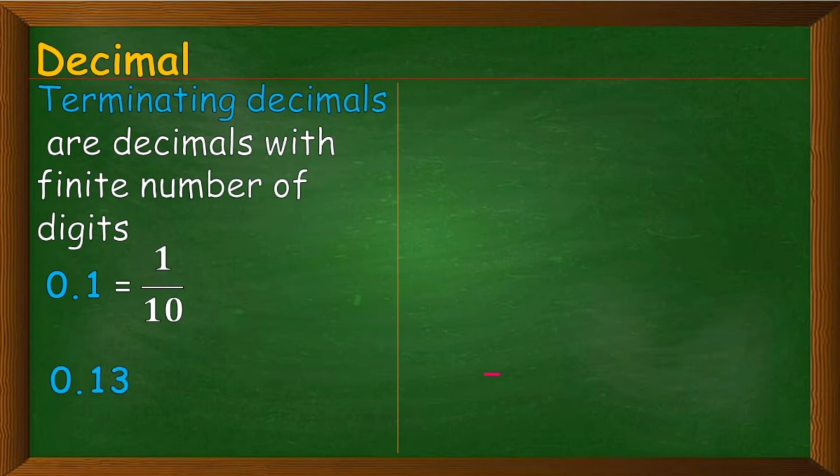And we have 13 hundredths. It can be expressed as 13 over 100. As we all know, the ratio of a and b here are both integers, making terminating decimals rational numbers.